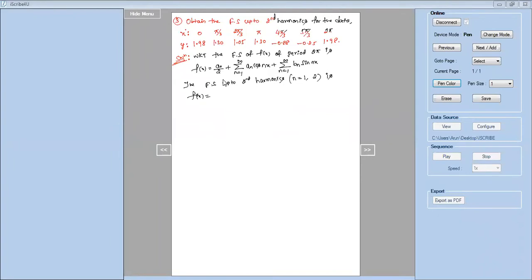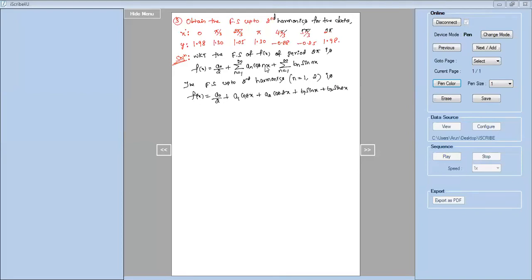a naught by 2 plus, so I'll just expand this by putting the value for n is equal to 1 and then n is equal to 2. First I'll put n is equal to 1, so it is a1 cos x, plus when n is 2 it becomes a2 cos 2x, plus b1 sin x plus b2 sin 2x, right?